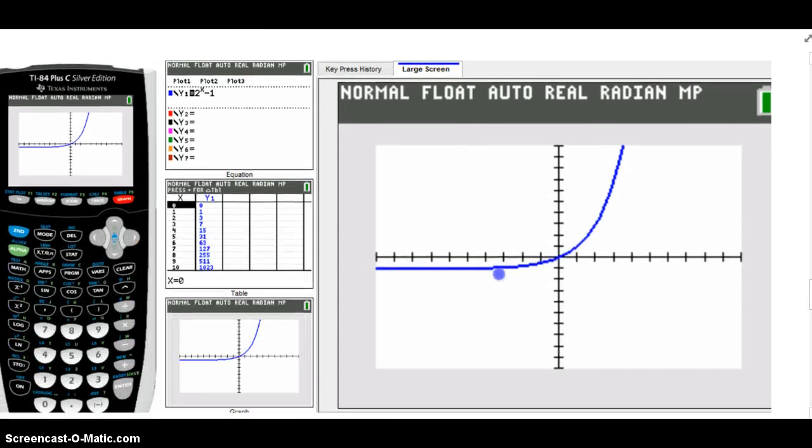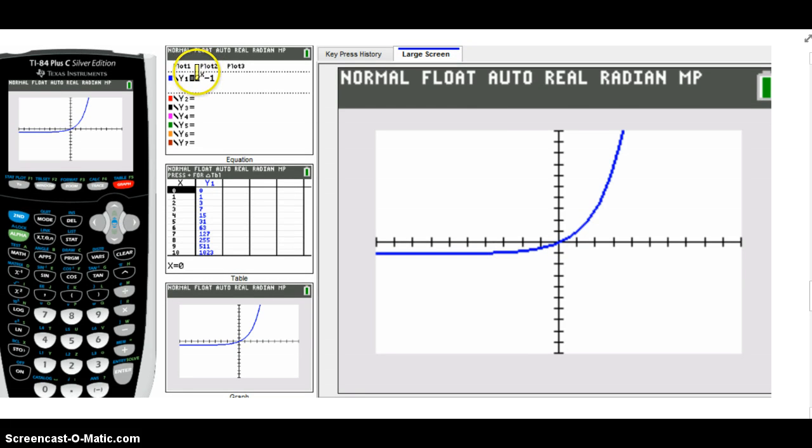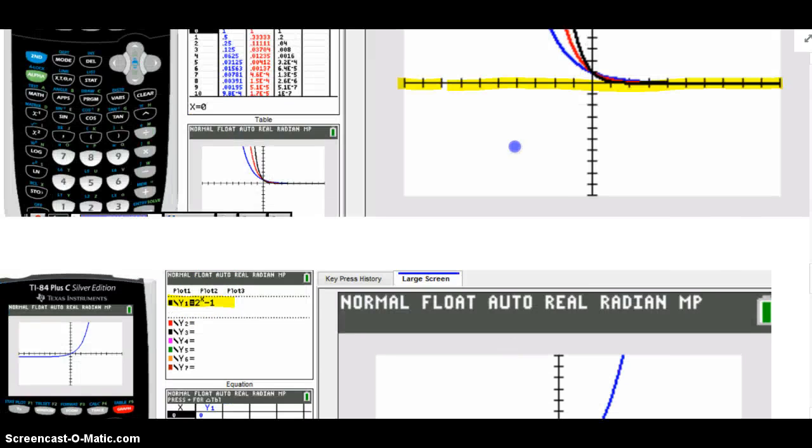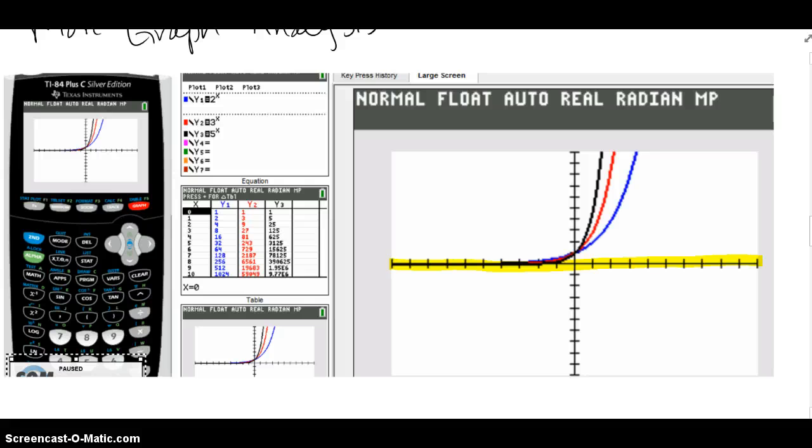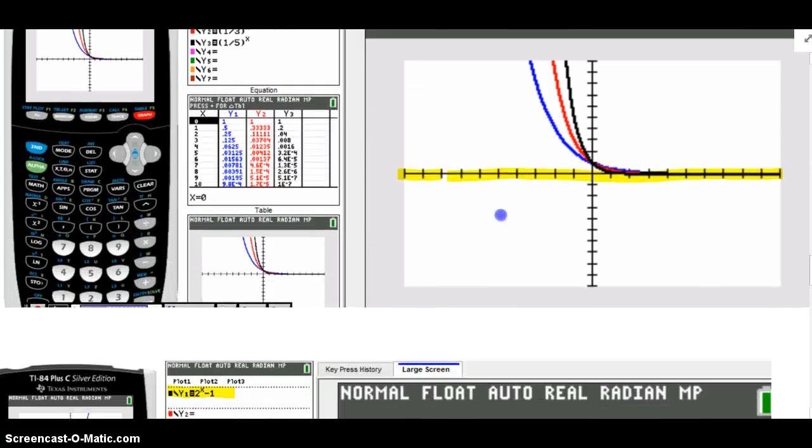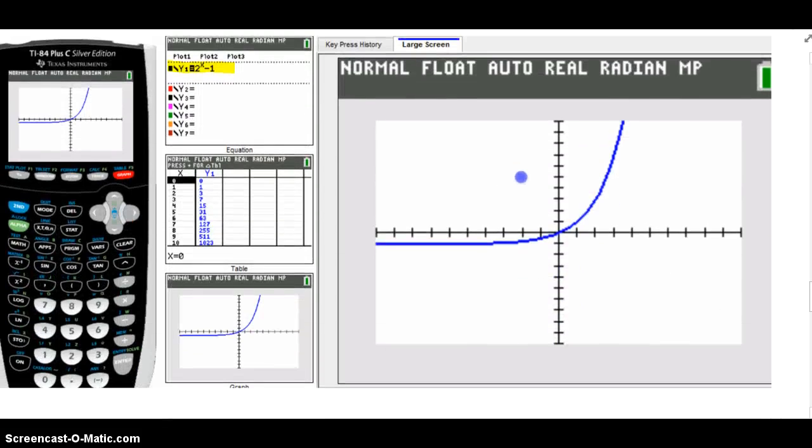Now let's look at this one function, f of x equals 2 to the x minus 1. That takes the basic function 2 to the x, which we had right here in blue, and shifts it 1 down, like the parabolas that we looked at that would get shifted down.